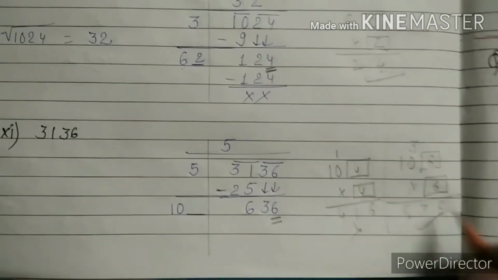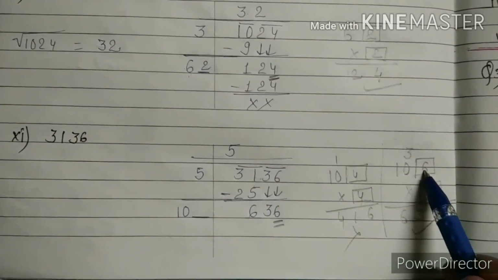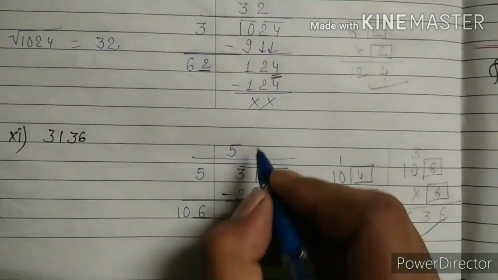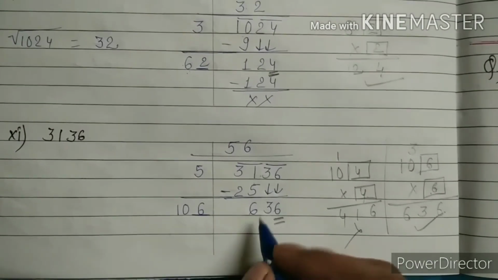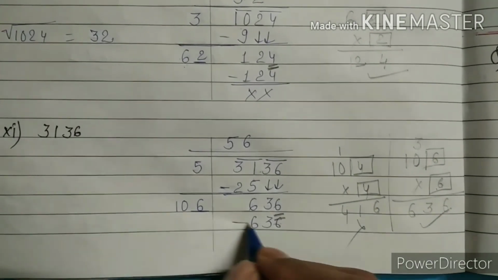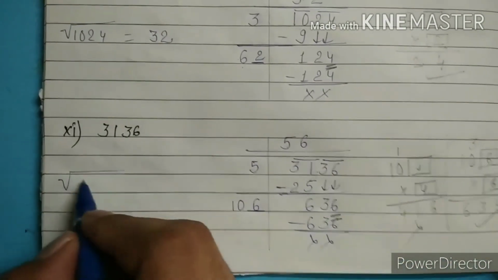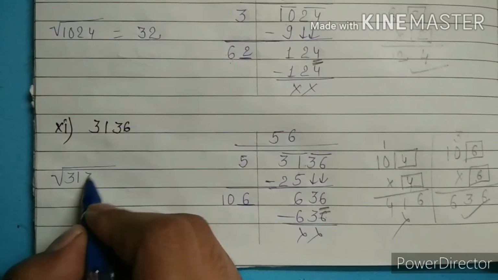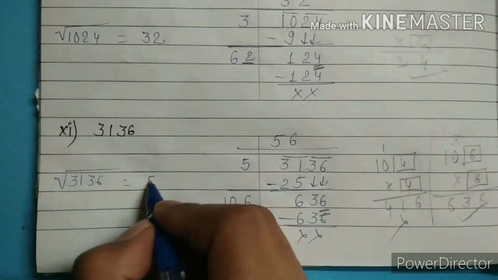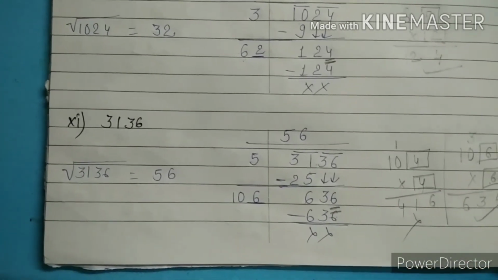Now this is right. Now we have to put here which number? 6. If 6 is here, 6 will also come here. Now 636. After subtraction 0 is here, so the square root of 3136 is 56.